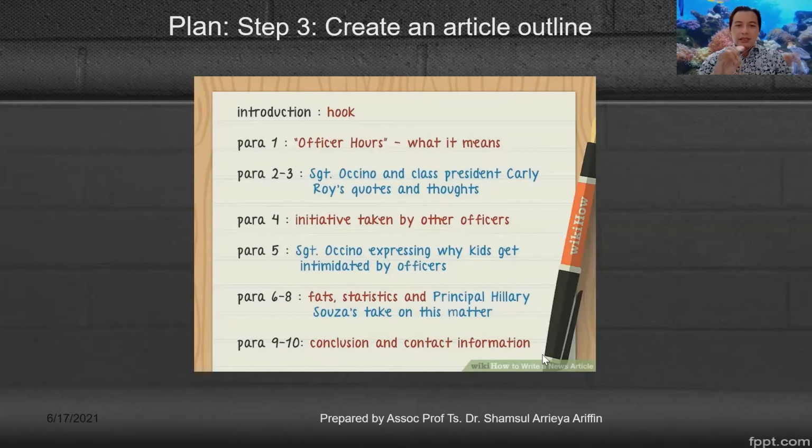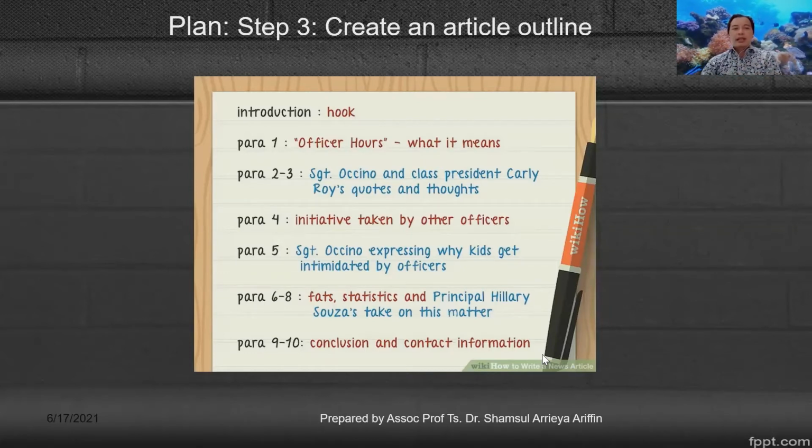Surgeon on this one is quotes and thoughts, and then you have paragraph 4, initiative taken, and then paragraph 5. These are like the story; you tell what stories you want to tell in each paragraph, what facts you want to mention at each paragraph. And paragraphs 9 and 10, conclusion, and maybe something that relates with it.